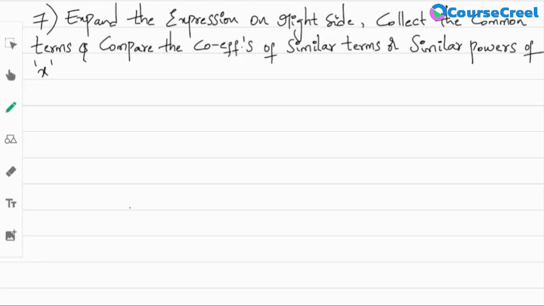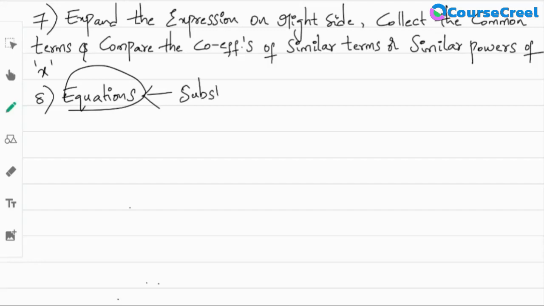So by comparing the coefficients of similar powers of x on both sides, we will get some equations. And in these equations, if we substitute the known values of A, B, C, we can obtain the unknown value.